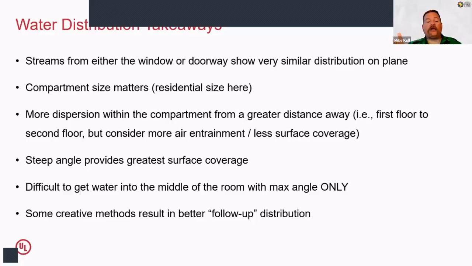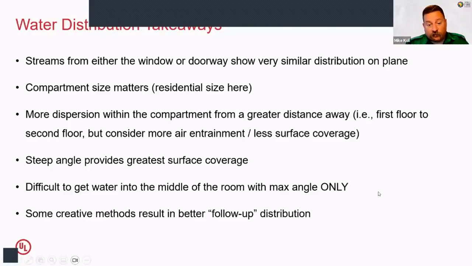How do we get the most coverage of surfaces within that burning room? It's that steep angle that we're doing it. The shallower that angle, the further back in the room we're aiming that hose stream at, that straight stream or that jet stream, the less surface coverage we're getting.